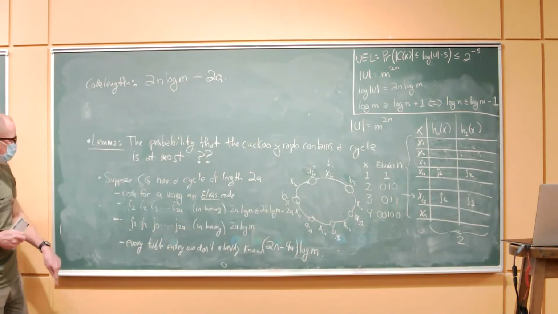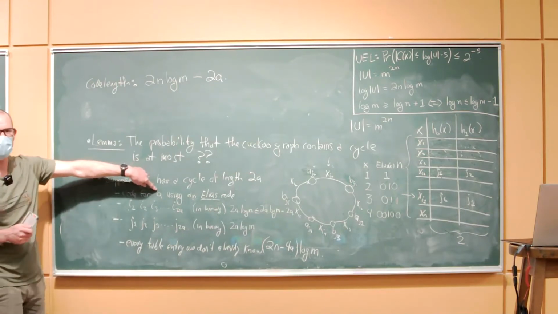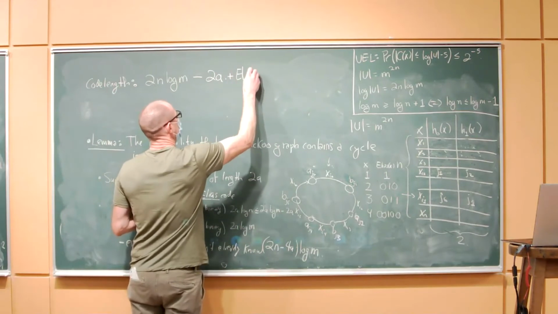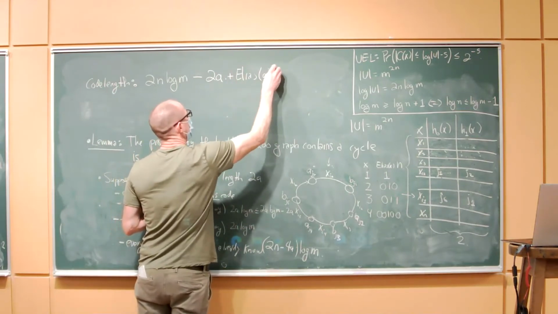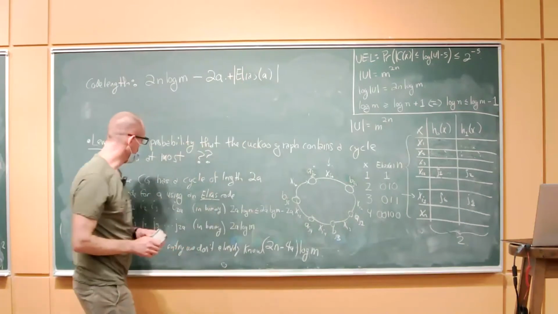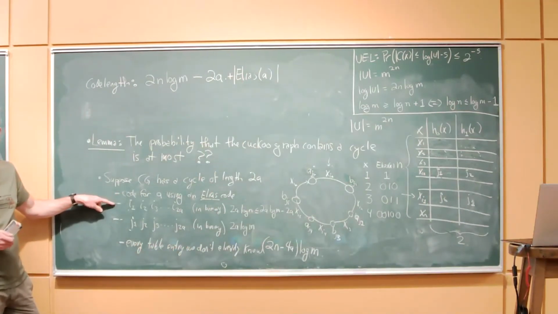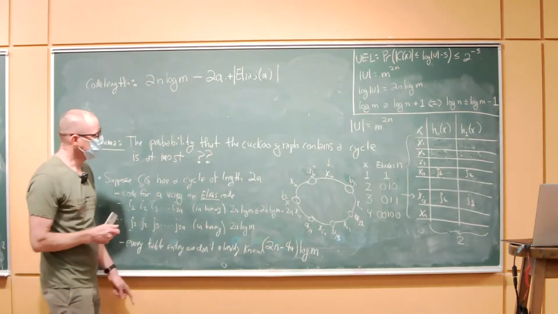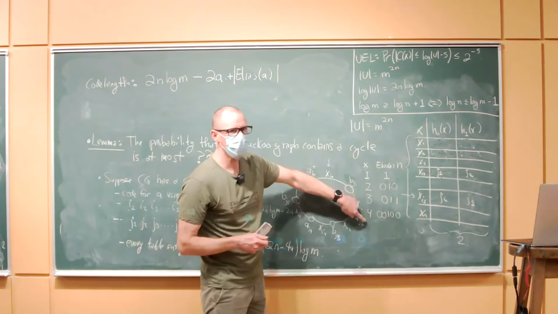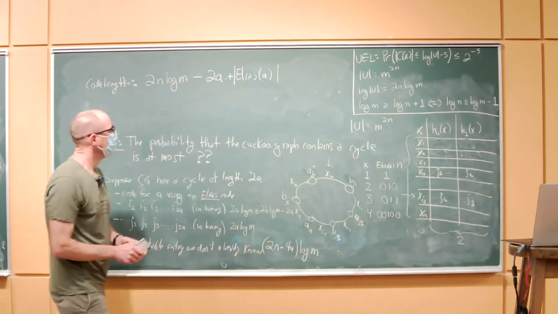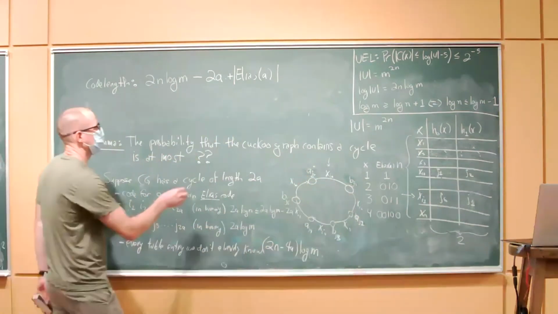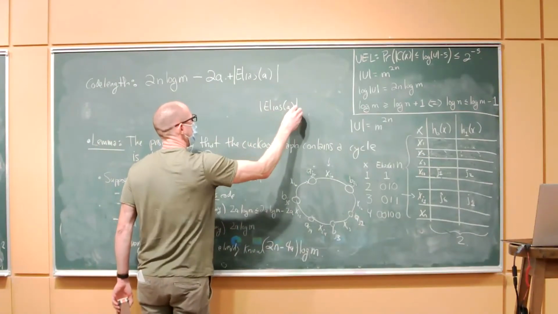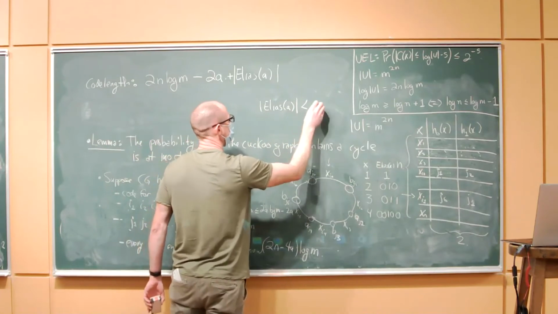But there's one little piece that I haven't added yet. That's this piece. Plus whatever it costs me to use the Elias code for the value of a. And something that you can check from this table here is that the length of this Elias code for any value of a is strictly less than 2a.